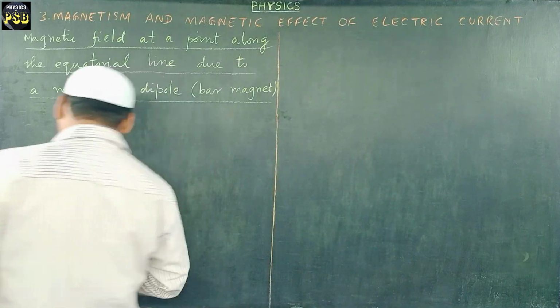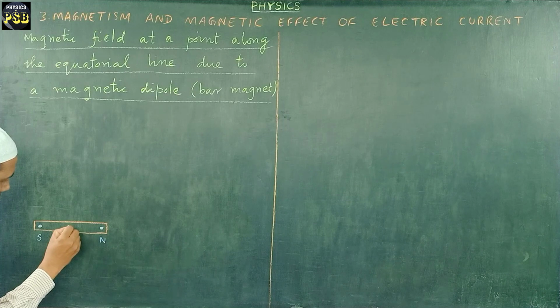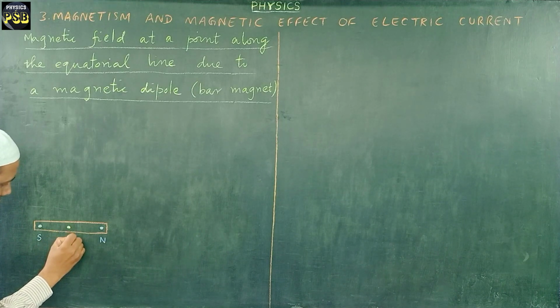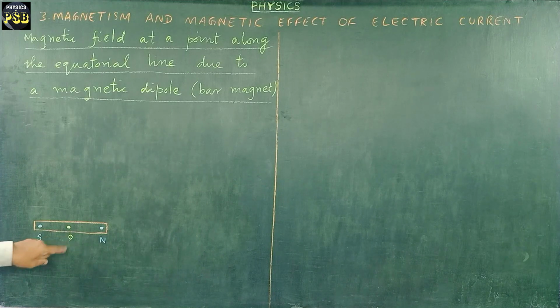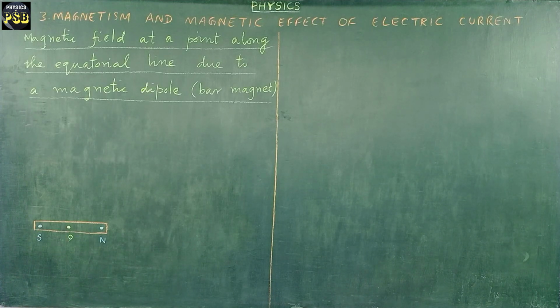Then this bar magnet has a point O taken at the center. This point O is referred to as the geometrical center of this bar magnet. Now, I am going to draw an equatorial line. What is this?